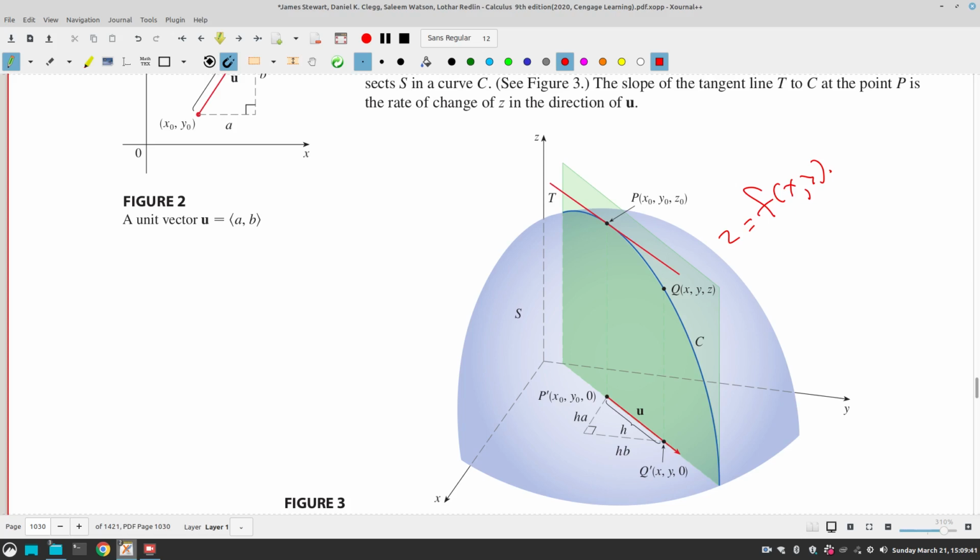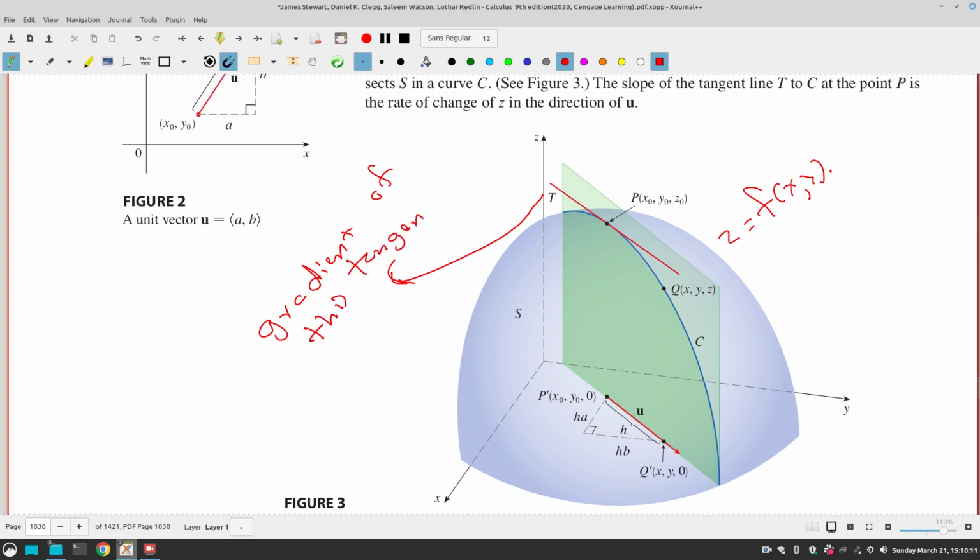We look at the intersection of the plane with the surface, and that gives us a curve C. And the slope of the tangent to that curve is our directional derivative, because it tells us how the curve changes when we're moving in that direction, right? So the slope of this tangent is the directional derivative.